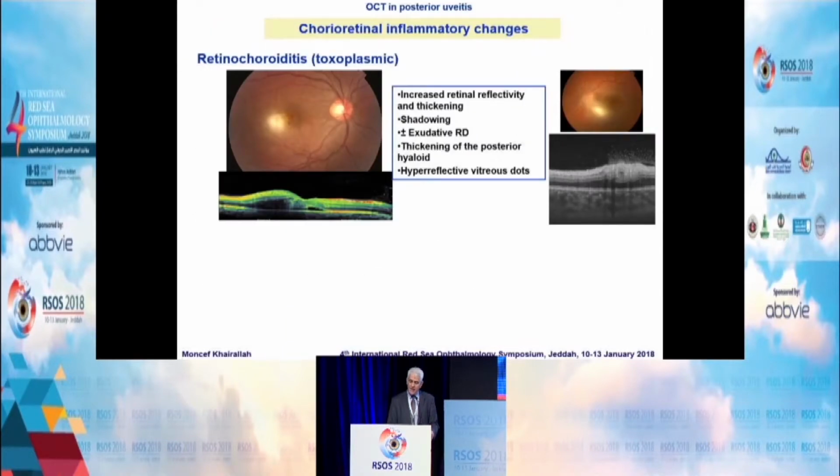OCT in the evaluation of chorioretinal inflammatory lesions. Here is a case of toxoplasmic retinochoroiditis. You can see the increased retinal reflectivity and thickening at the level of the retinal lesion with posterior shadowing, the presence of subclinical exudative retinal detachment, thickening of the posterior hyaloid, and hyperreflective vitreous dots.